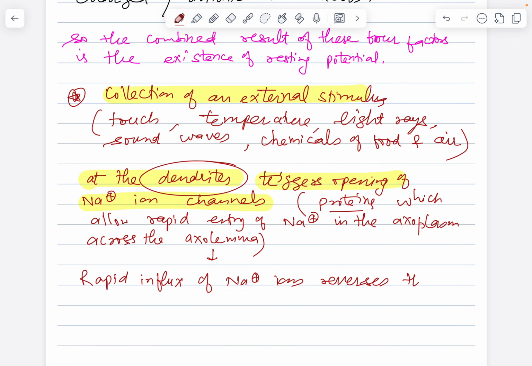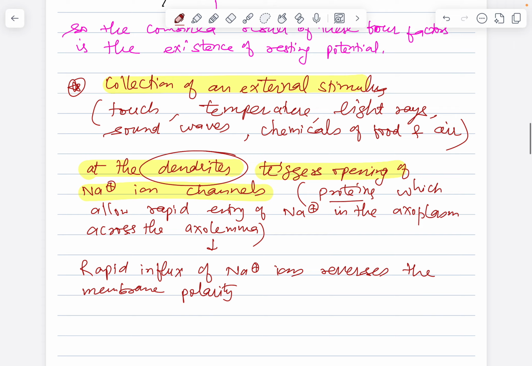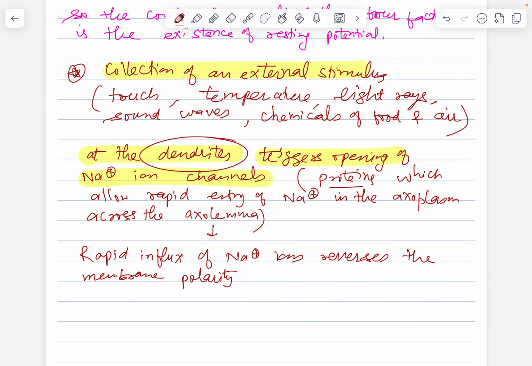Reverse it. Rapid influx of sodium ions reverses the membrane polarity, because what is the membrane inside earlier? ऊपर हमने देखा नेगेटिव. अभी सोडियम आयन इतना रैपिडली अंदर आएंगे कि मेम्ब्रेन पोलैरिटी क्या हो जाएगा? रिवर्स.